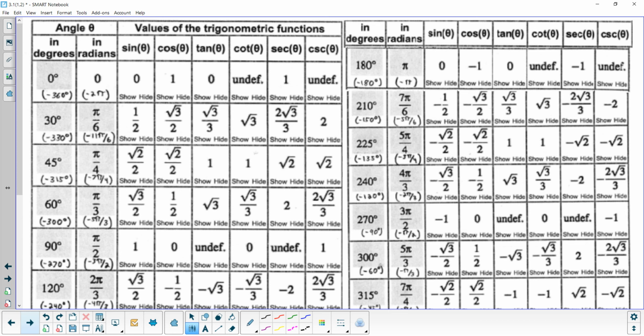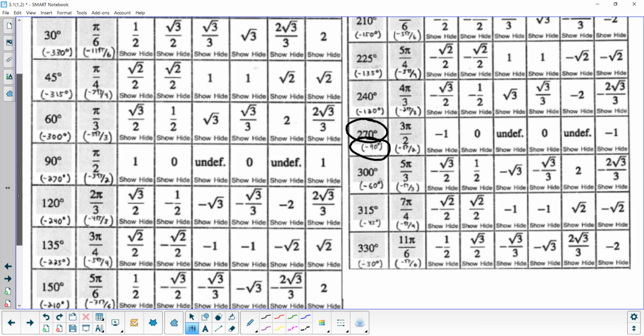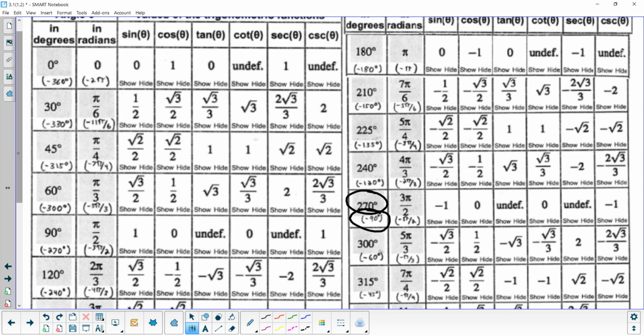You want to think? Yeah, Pete? First one I see is 270. All right, so we see 270, and we also have below that negative 90. Let's keep going down. Nope, I don't see negative 1 in the sine column anywhere else. So we've got 2 answers to pick from.